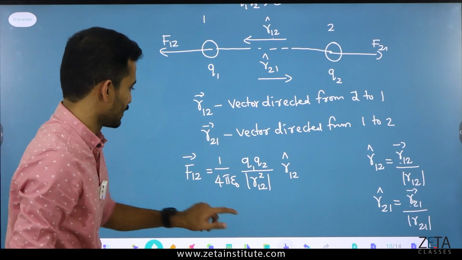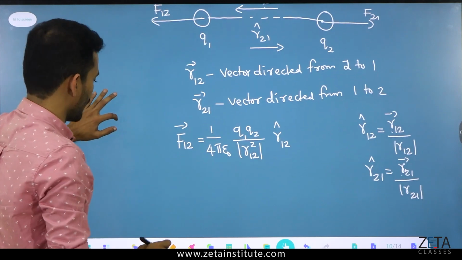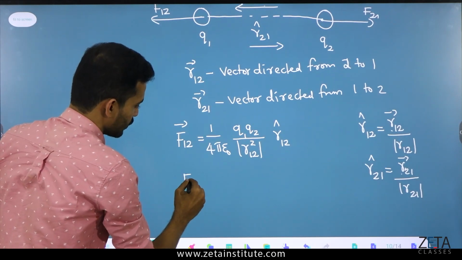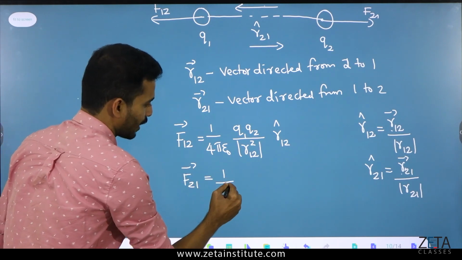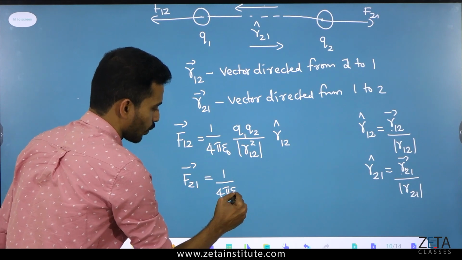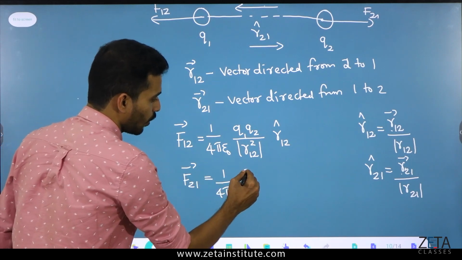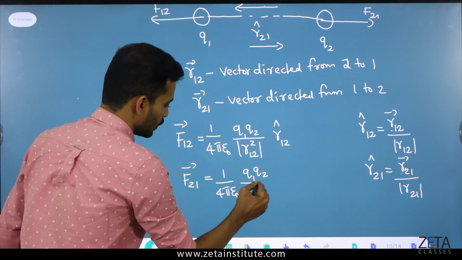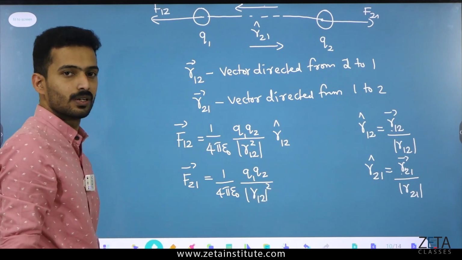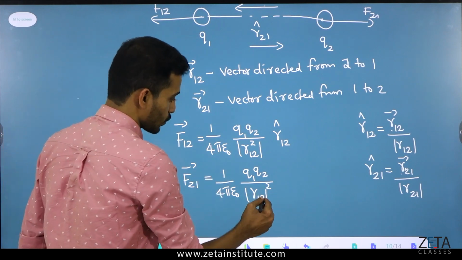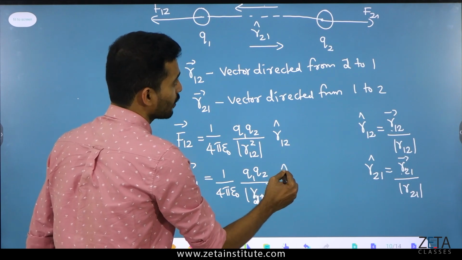What is next? What is the force acting on the second charge due to the first charge? That is F21. The vector F21 is equal to 1 by 4 pi epsilon 0 Q1 Q2 divided by the magnitude of R21 squared.